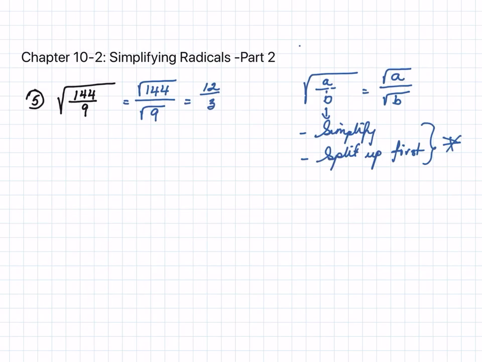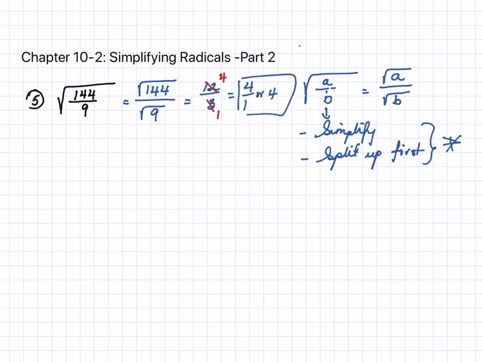Then 12 and 3 are divisible by 3, which gives me a 1 and a 4. So I should have 4 over 1, or just 4.